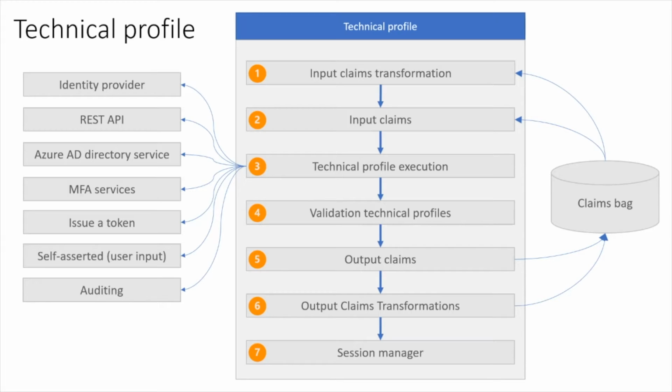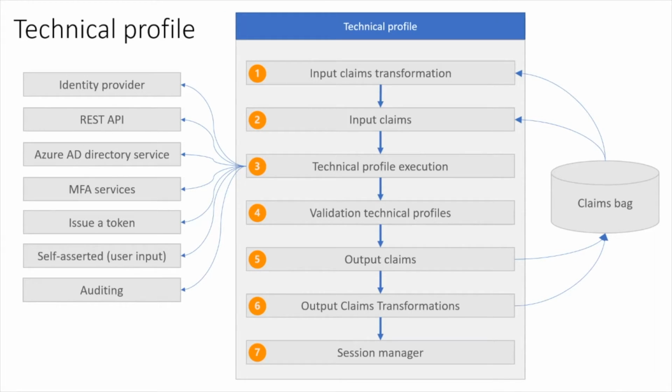An example of this: when a user signs in with a local account, Azure AD B2C will call a validation technical profile to see, are these legitimate credentials? Do these credentials work for this particular user? Another example: before Azure AD B2C creates a new account, it might check whether or not a user with that particular email address already exists in the underlying directory.